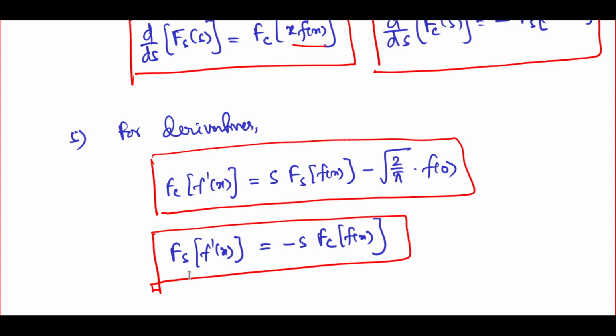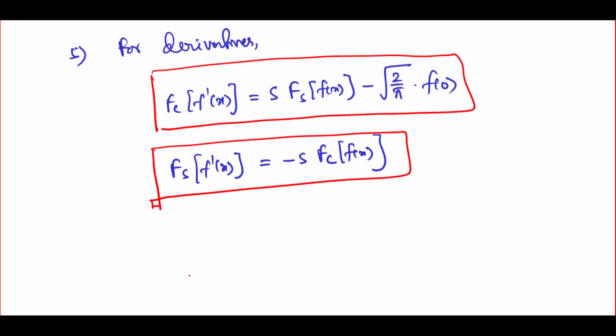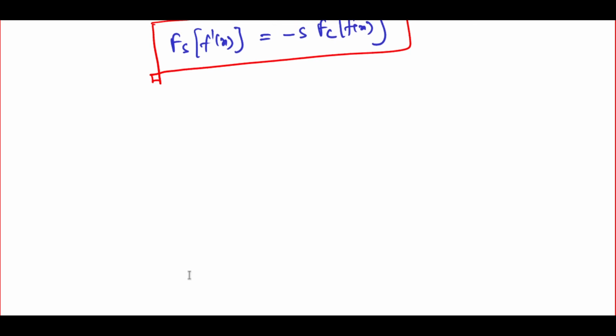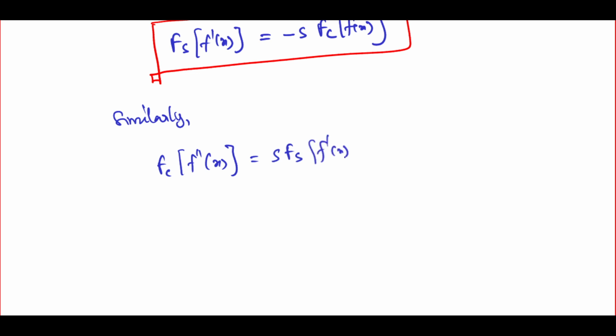Okay, fine. Because of this, we can derive for the second derivative, third derivative, etc. I will simply write only for the second derivative. Similarly, the Fourier cosine transform of f double dash of x is equal to s into Fourier sine transform of f dash of x minus square root of 2 by pi into f dash of 0.